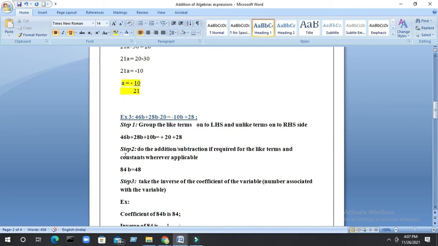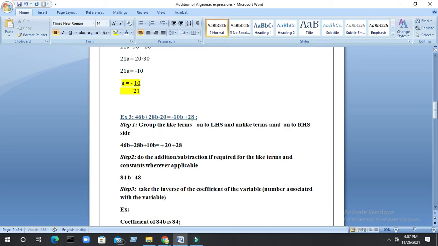onto the RHS. If that is the case, 46b is on my left hand side, 28b on my left hand side and 10b also. And constants, unlike terms and constants I am moving. So therefore, since I don't have any other unlike terms, what I did, I moved the constants onto the right hand side.